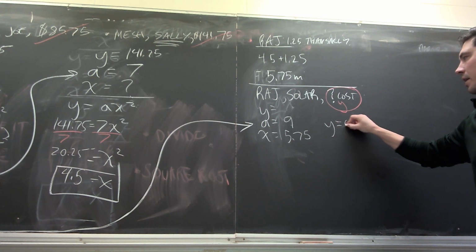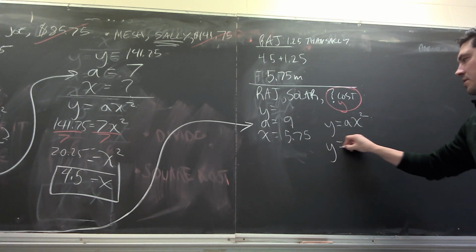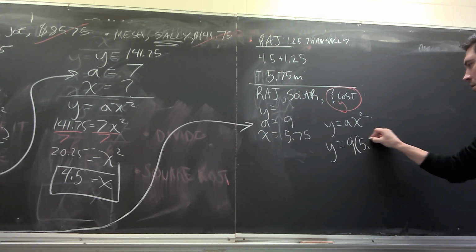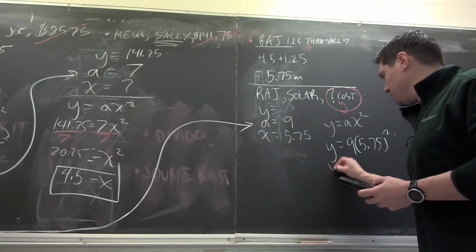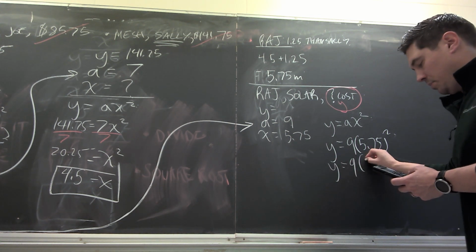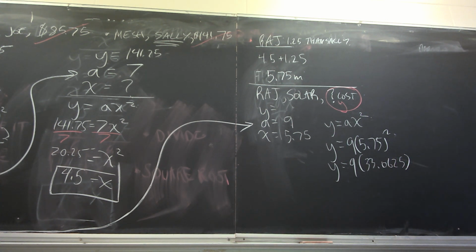So I'm looking for a cost given this information. Let's plug it into the equation. Y is equal to 9 times 5.75 squared. You can do this all in one if you want, but I'll break it into two parts: square it, and then times 9.